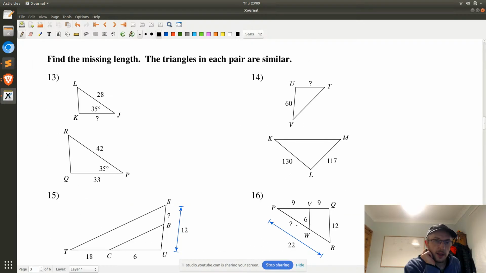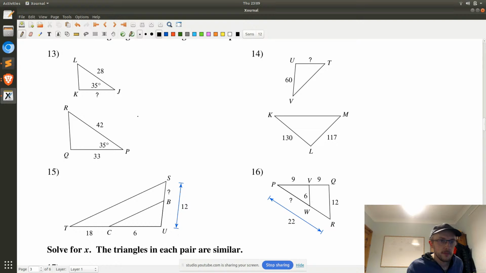Find the missing length. The triangles in each pair are similar. Very well. Oh, wait, we didn't check.